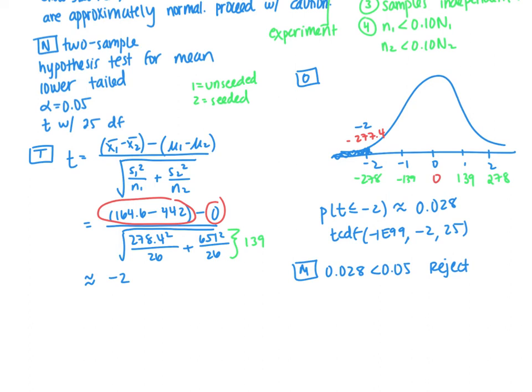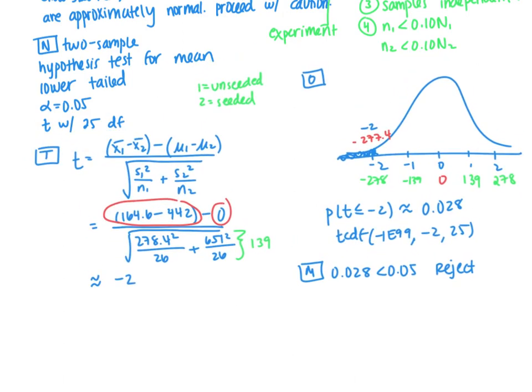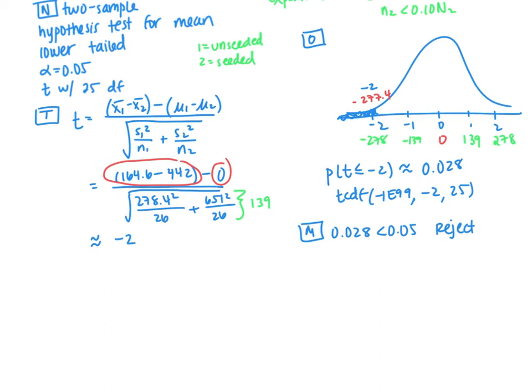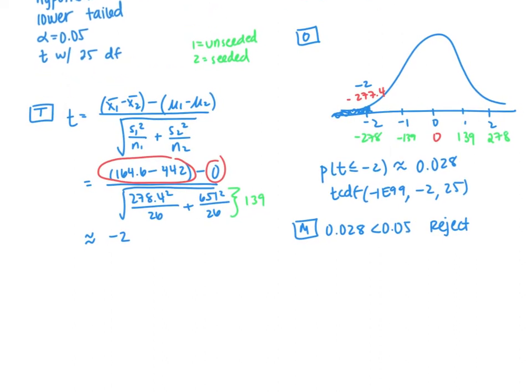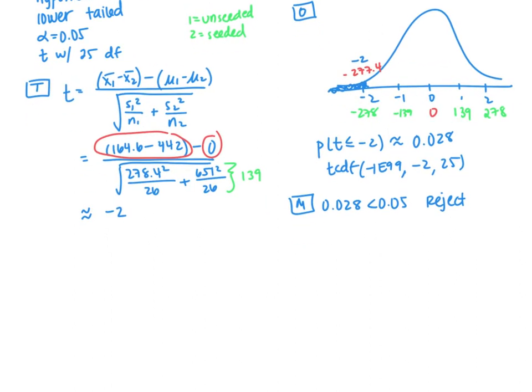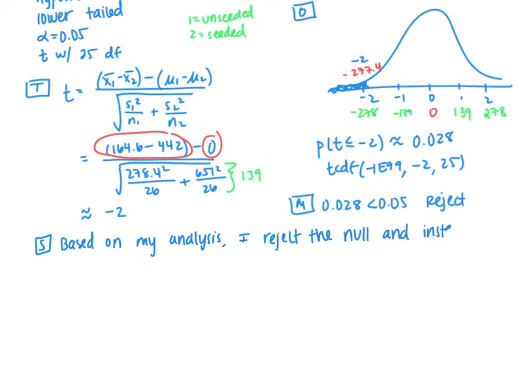And then we're going to write our conclusion. I do want us to write a conclusion together just to make sure that we get the right wording of things. So, based on my analysis, I reject the null. And instead believe.